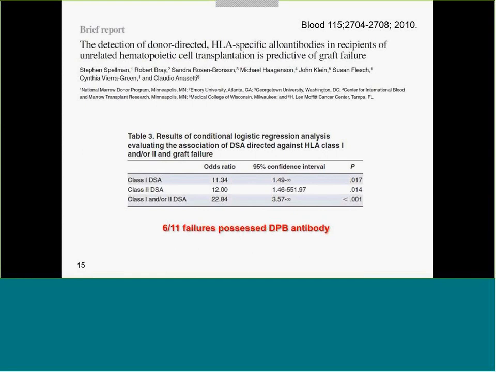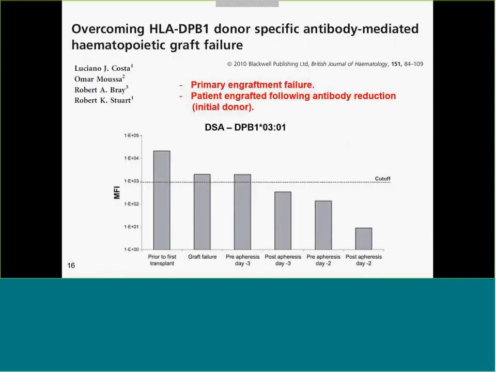While there's a very strong association between preformed DSA in these cases and failed engraftment, we note here that in 6 of the 11 failures, the primary antibody present was a DPB antibody that we think was associated with the failed engraftment. And lastly, on this slide was some work that we participated in with our colleagues at the Medical University of South Carolina in Charleston, with a single patient who failed to engraft, and the only mismatched antigen was a DPB0301.